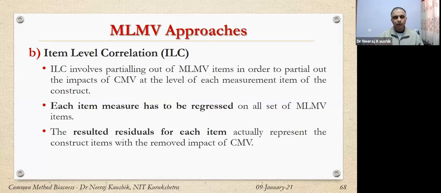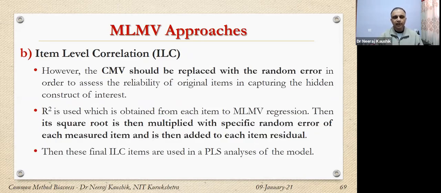Smart PLS gives you not only the score, but also the residual. So the residual is what we are concerned with. We'll find out the residual. But the problem here is that common method bias removes the random error also when you take the residual. So we need to replace that back with a random error. How to do that? We will take the R square and the standardized standard error.